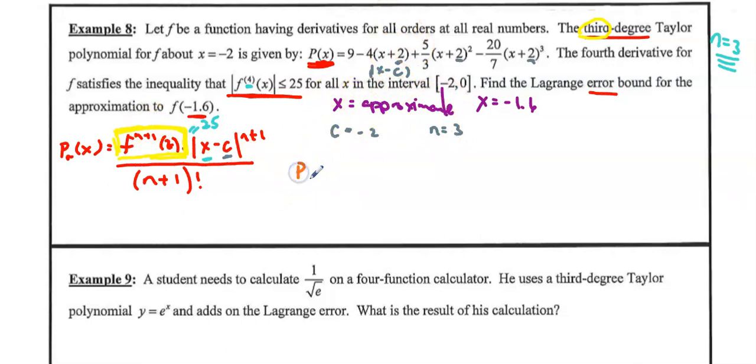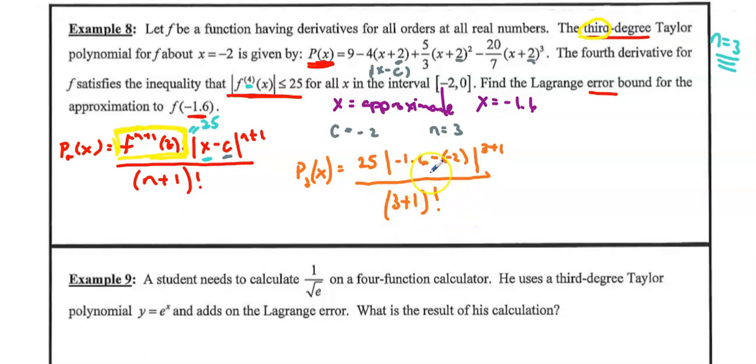So our P_3 of x is going to be equal to 25 times the absolute value of -1.6 minus -2, and that's all raised to the n plus 1, which is 3 plus 1, which is really just 4, and that's all over 3 plus 1 factorial.